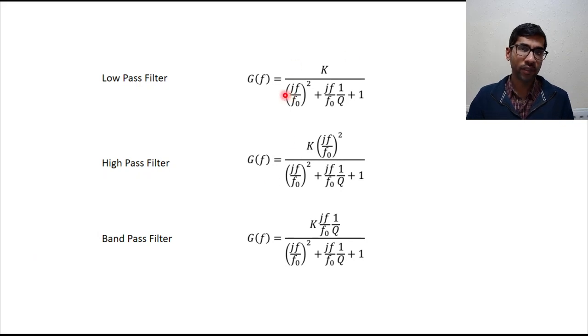Now, I just wanted to introduce these characteristics, and I'm not really going to give a proof of it, but if you want, you could plot these curves on MATLAB, let's say, for different values of k, f naught, and Q, and look at the curves and see that this equation actually represents a low pass filter, and this equation represents a high pass filter, and this equation represents a band pass filter.